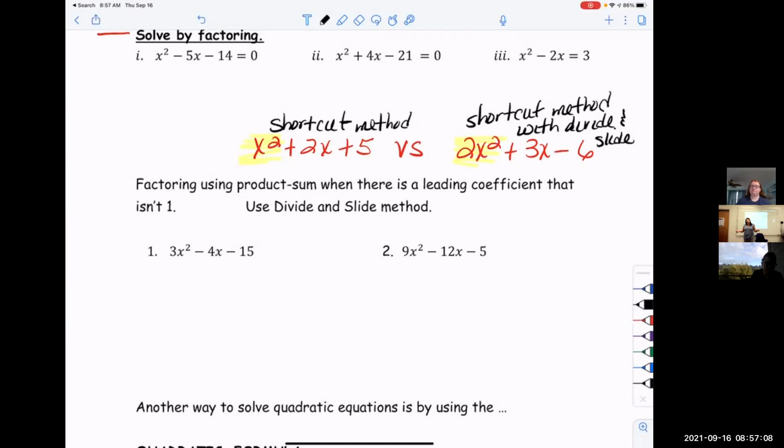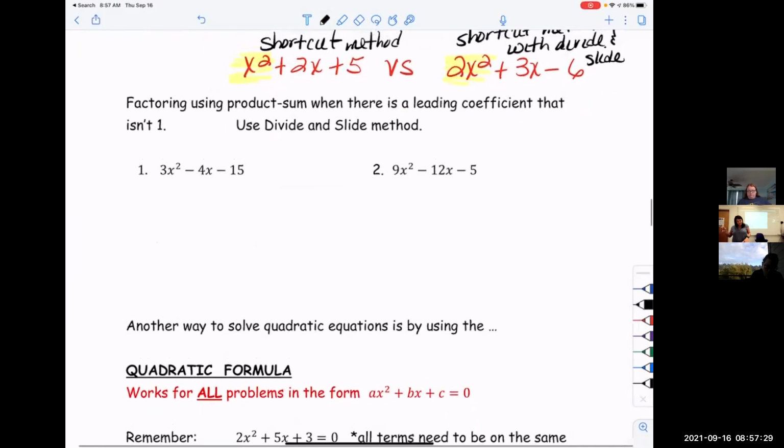And then there's grouping or master product, or I think there's a rainbow method and a flake method. There's all kinds of different ways to do this. I teach divide and slide because it uses the shortcut, and I think it is the easiest thing out there. So that's my choice, okay? But if you already know how to do it, that's good. All right, so you ready?